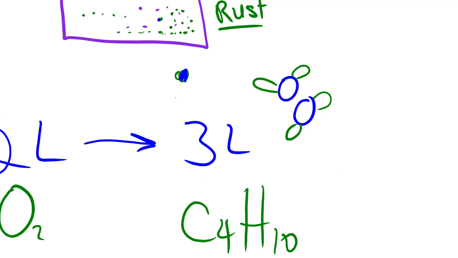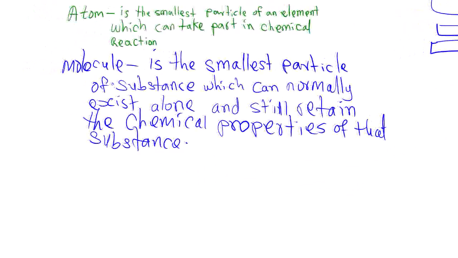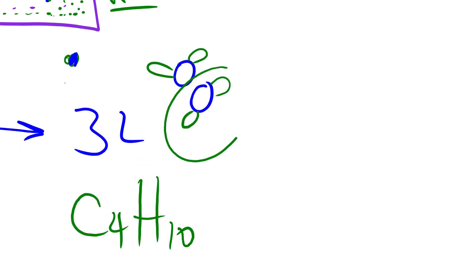So what do you call it? Molecule. A molecule is the smallest particle of a substance which can normally exist alone. So this particle that we see can exist alone. Just that you have water because these particles are many, too many of them together, then you have water.